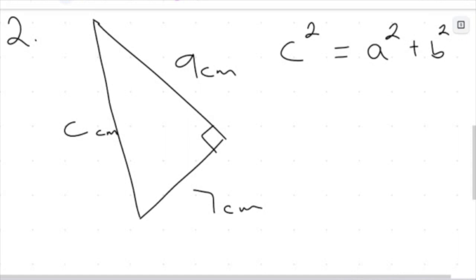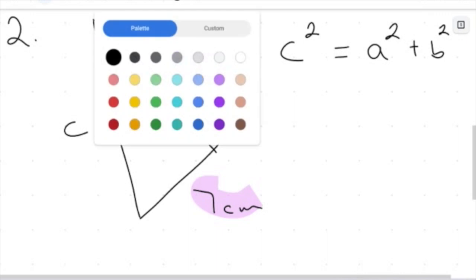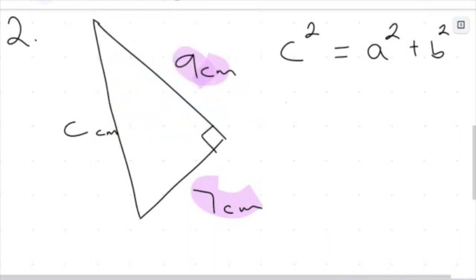So all I'm going to do here, once again, is I'm going to substitute my values here. So I'm going to put, for example, 9 where my a is. So c squared equals 9 squared plus my b squared, my 7 squared here.